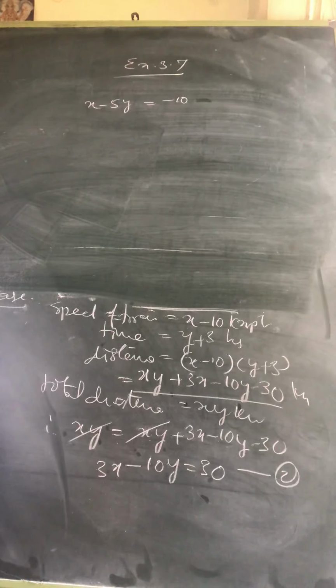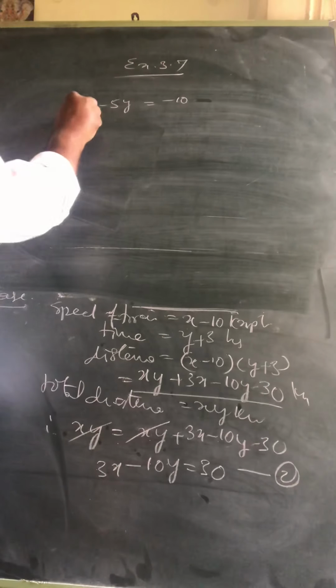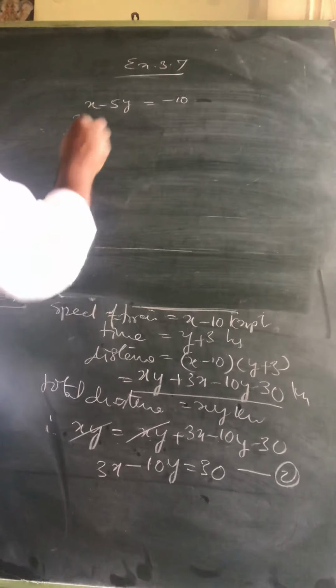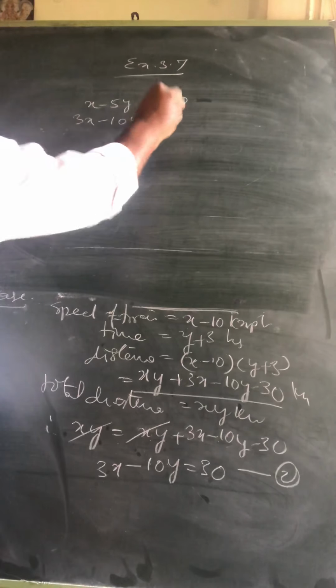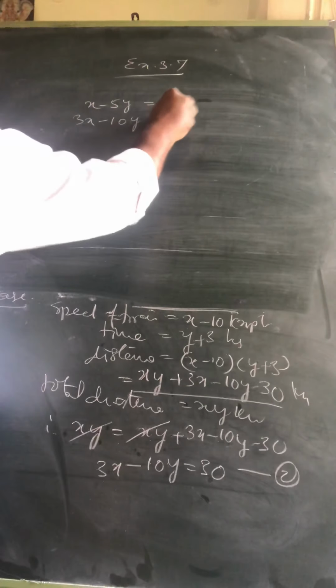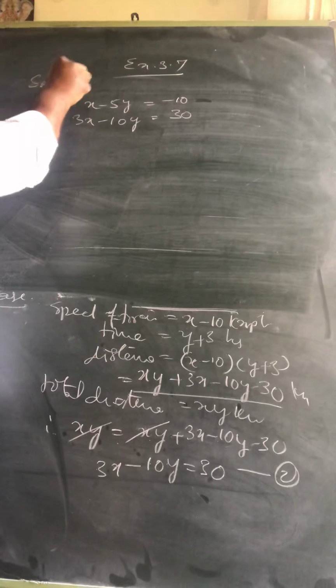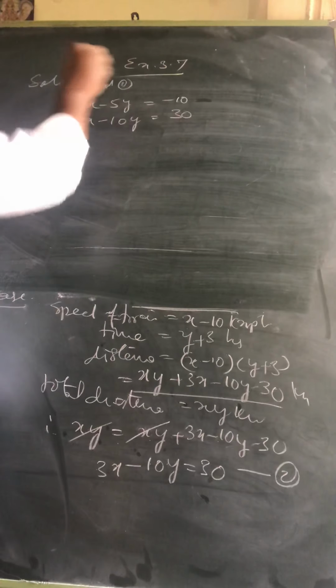And then the second equation, 3x minus 10y is equal to 30. Solve equations 1 and 2.